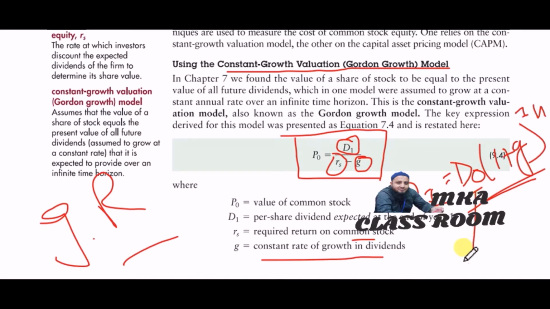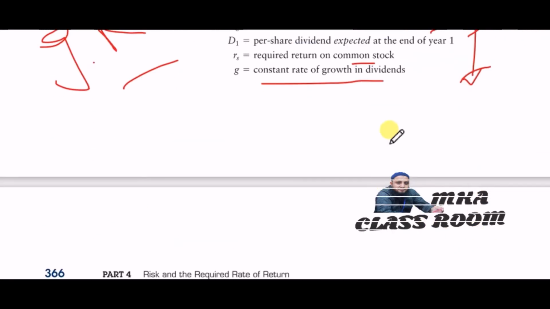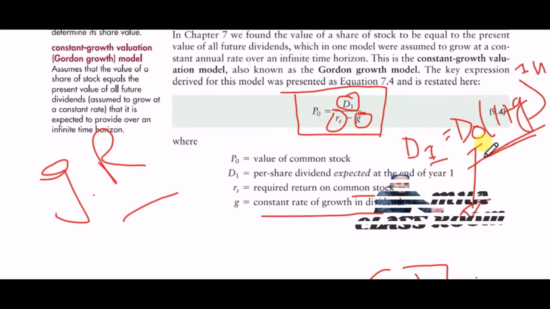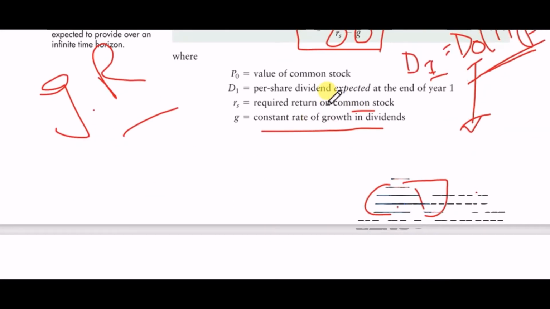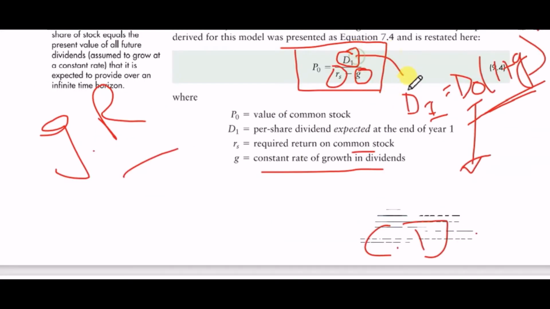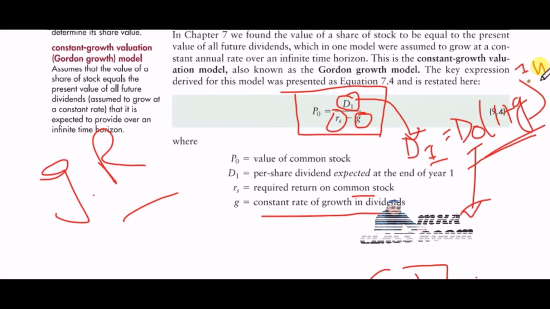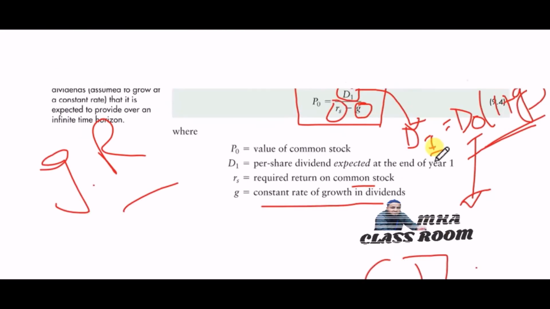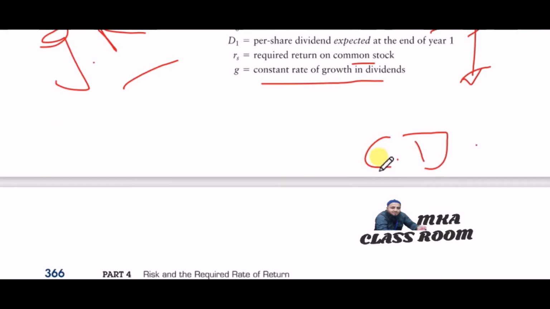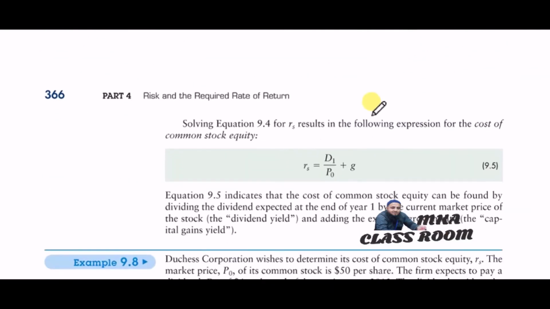D naught is the current dividend, into 1 plus G power 1, that is D1. So that is the basic formula, RS minus G, where G is the growth rate.